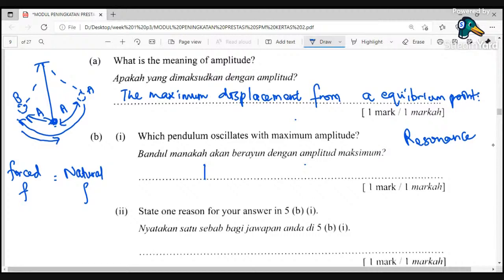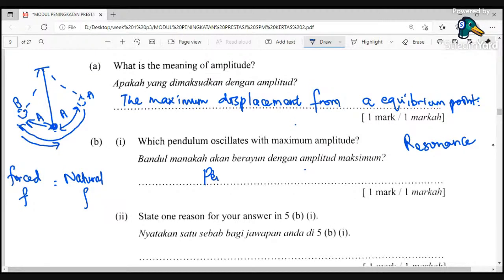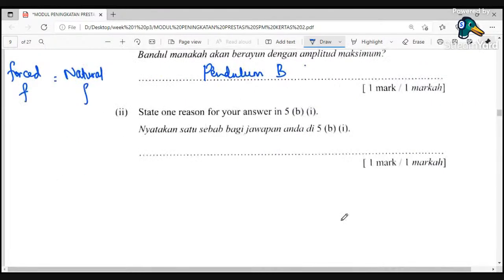Ialah pendulum B. Give state one reason.